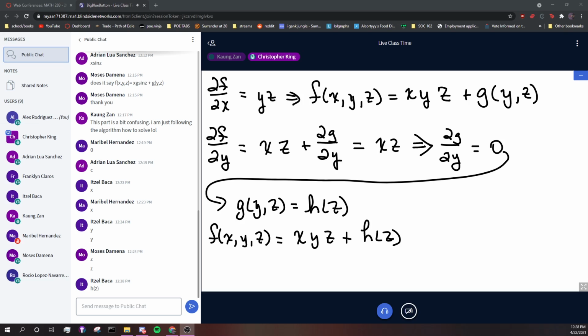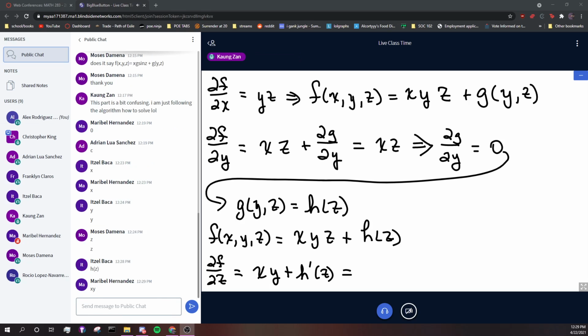So the last bit that we need is the partial of f in respect to z. So what is the partial of f in respect to z? xy plus the derivative of h with respect to z. Right. Now, we know that this is going to be equal to xy.